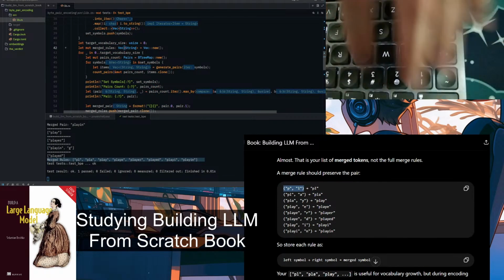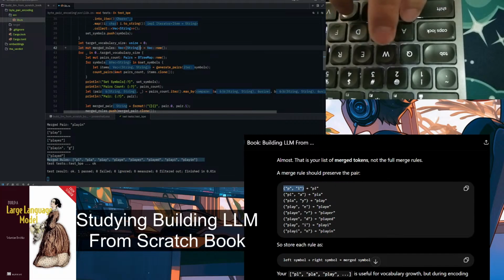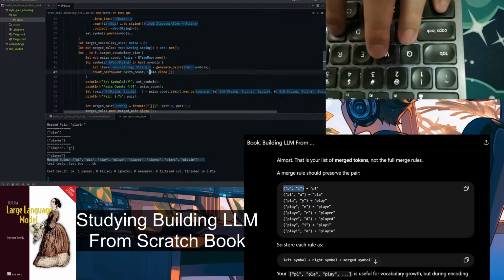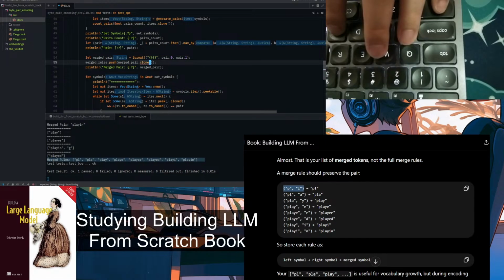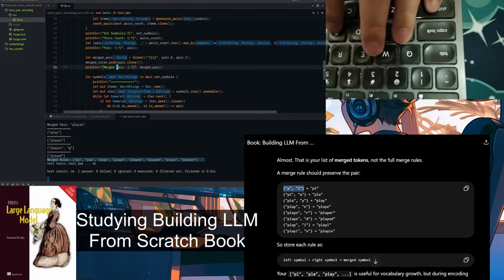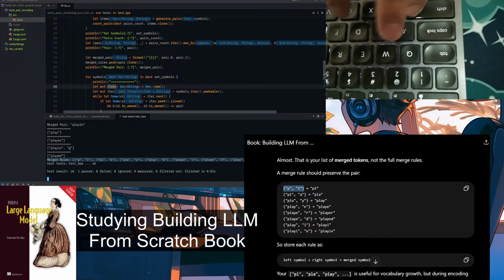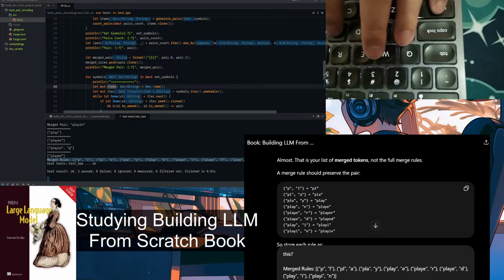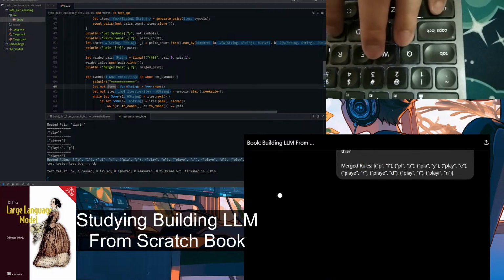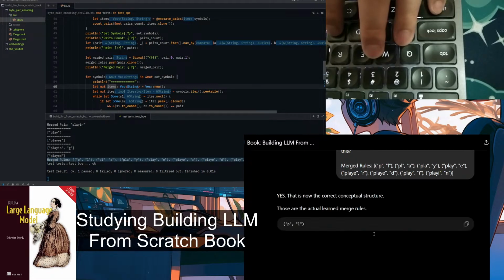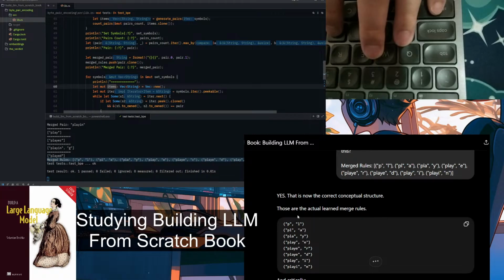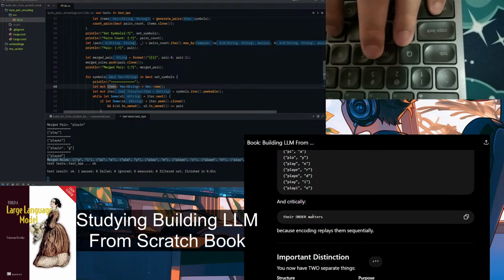This is interesting. And let me give this one to ChatGPT. I have this in the code. This is not the correct concept. Okay, so critically the order matters.